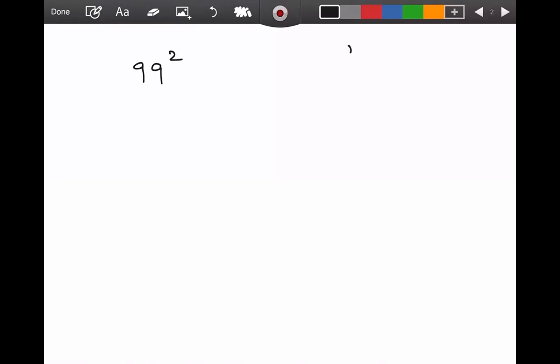So in school, we were taught that you can do this as 100 minus 1 whole square, then apply a minus b whole square. I don't find it very useful. So 99 is just before 100. What is the difference between 99 and 100? 1.